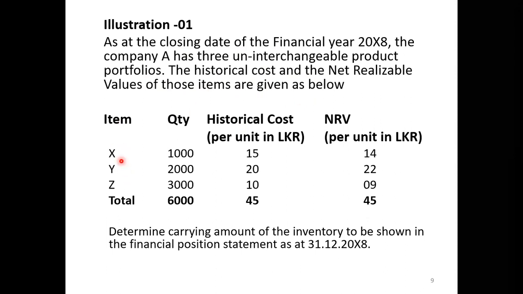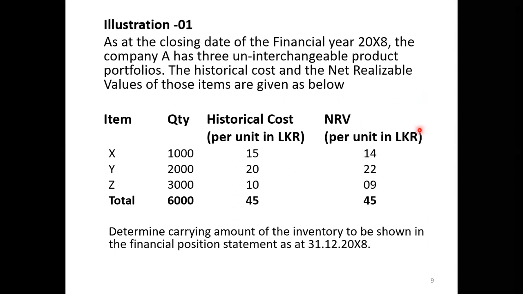There are three items X, Y, Z, with quantities 1000, 2000, 3000, and historical costs of 15, 20, 10 per unit, and net realizable values of 14, 22, 9. Determine the carrying amount of the inventory to be shown in the statement of financial position as at 31st December 2018.